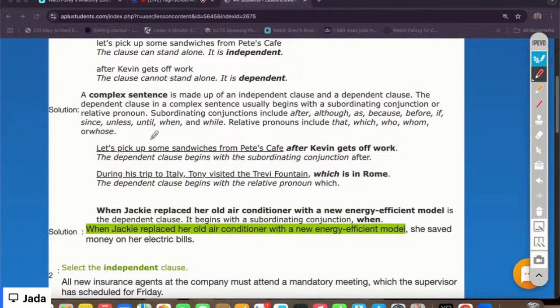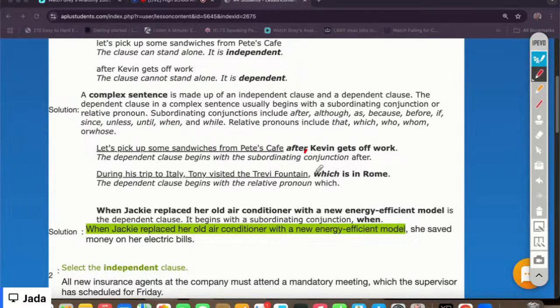So we have: let's pick up some sandwiches from Pete's Cafe after Kevin gets off work. So you can see that the dependent clause begins with after. Then, during his trip to Italy, Tony visited the Trevi Fountain, which is in Rome.